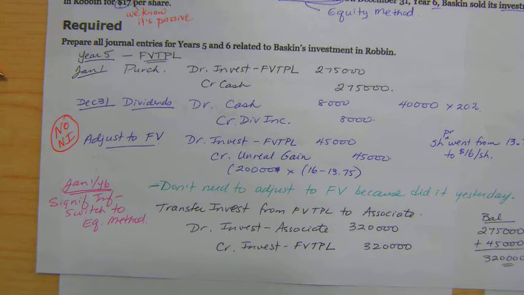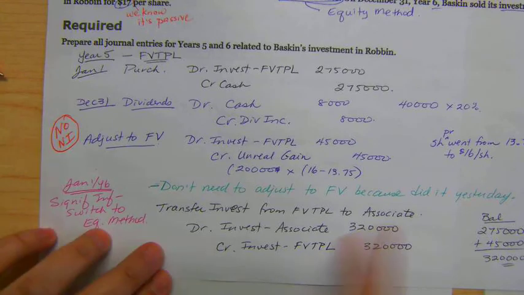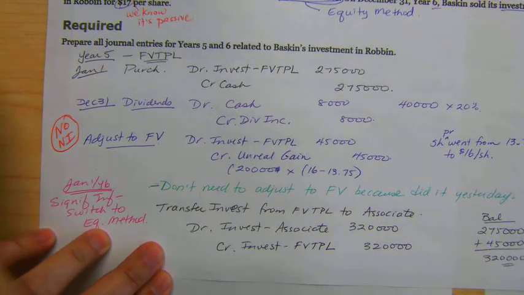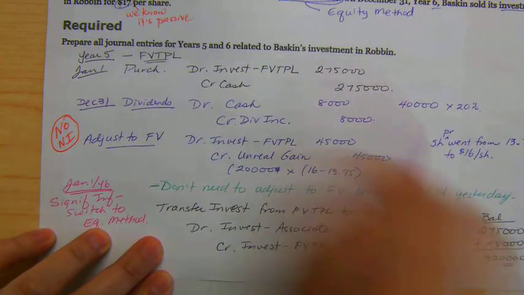Once you've made the decision, it's irrevocable. So it doesn't matter whether it's going up or down. Now, if it was going down, we'd like to get an OCI, right? So there's one account that's different here. Maybe I should have been clearer. Sorry about that. One account.